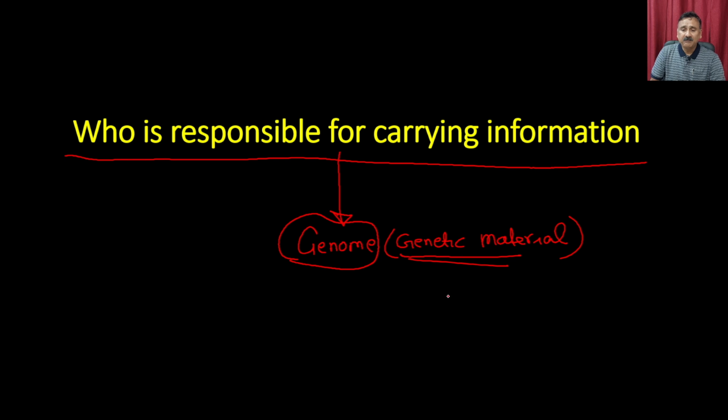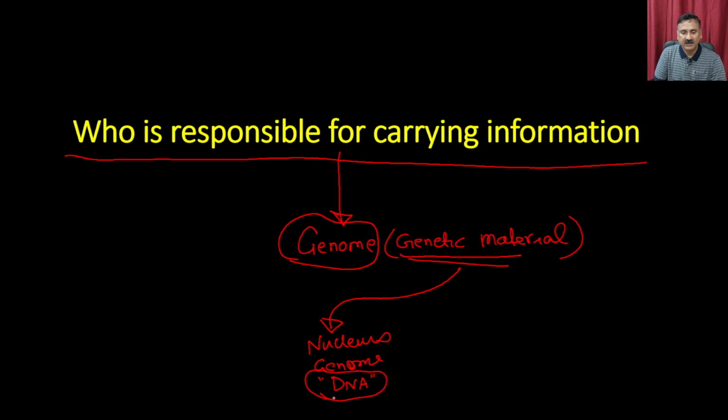So basically, if you think about wherever the information can be stored, there are multiple possibilities. One is, in a cell, the nucleus, or I will say the genome, or the DNA, because we know that the nucleus contains the genome, which is made up of DNA.